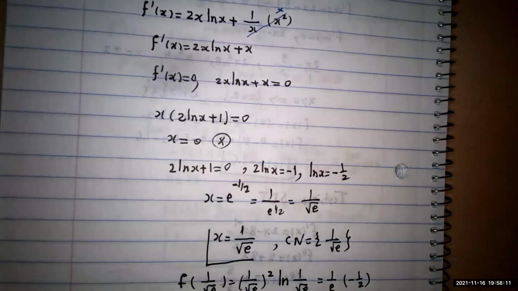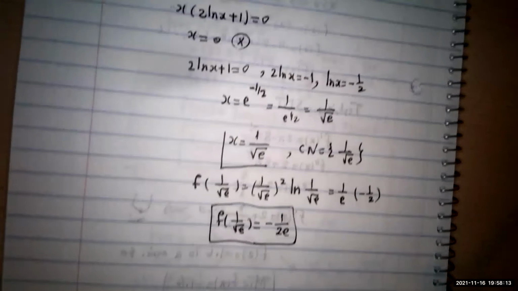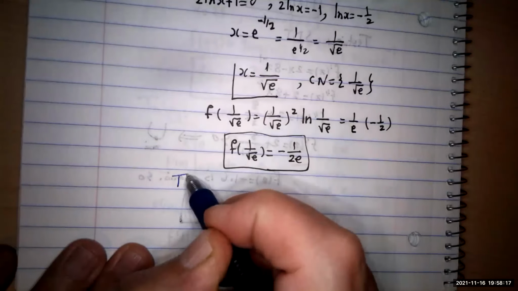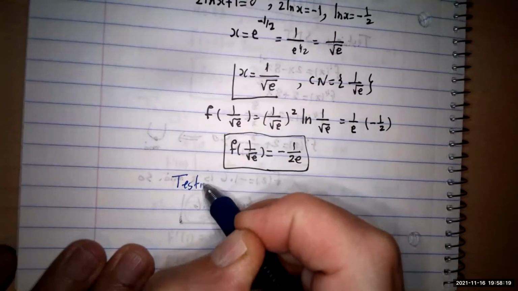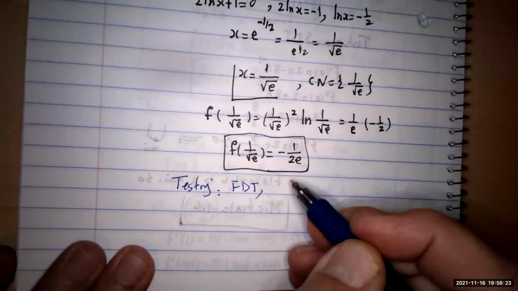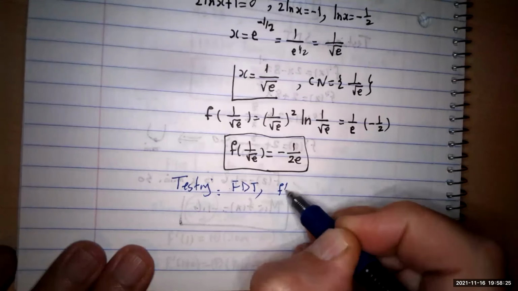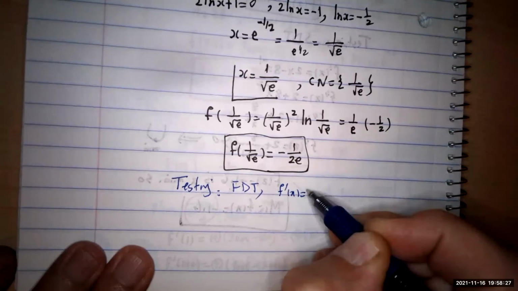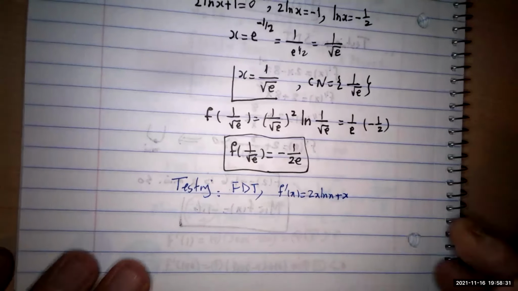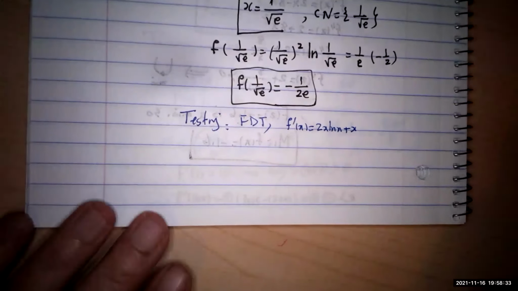Or you can leave it as is and just use a calculator to identify the sign of f prime. So I use the first derivative test. I'll go with the first derivative test and I use a calculator. So I have f prime of x, which is 2x ln x plus x. Okay, so you have to give a chart.